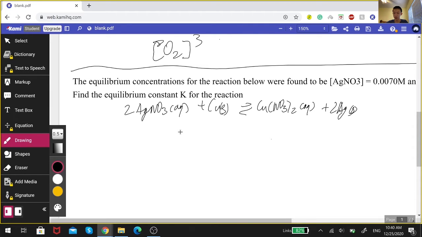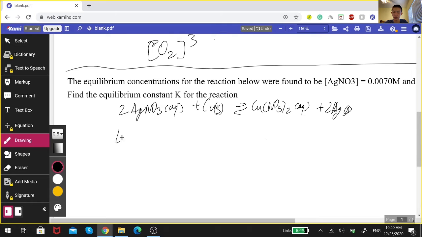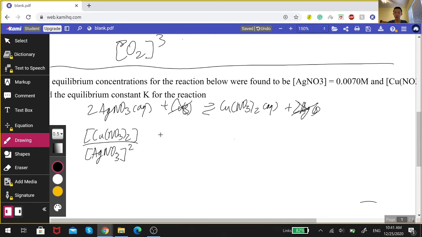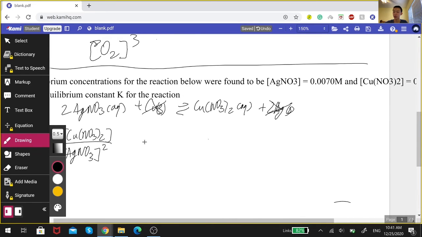Now let's write the reaction and products real quick. So products is the concentration of Cu(NO3)2 raised to the first power divided by, we're not going to care about these because they're solids, the concentration of AgNO3 raised to the second power because it's aqueous. And now we're given the information that we need.